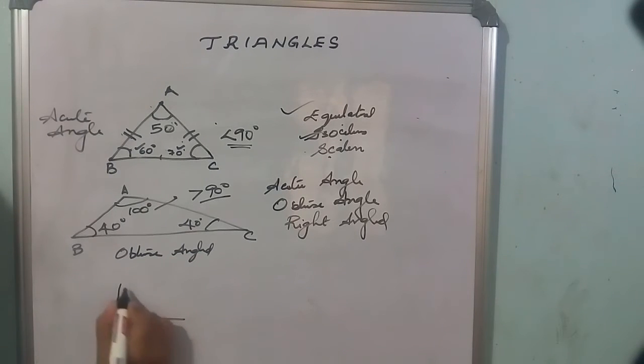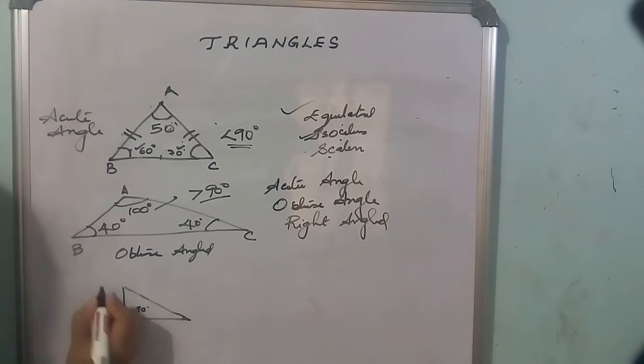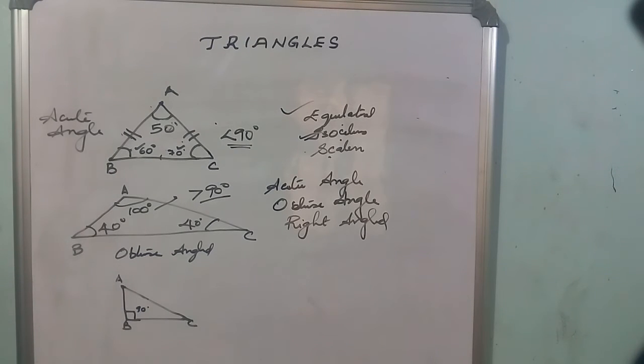In a right angle triangle, we'll have one angle of 90 degrees. This is an example of a right angle triangle.